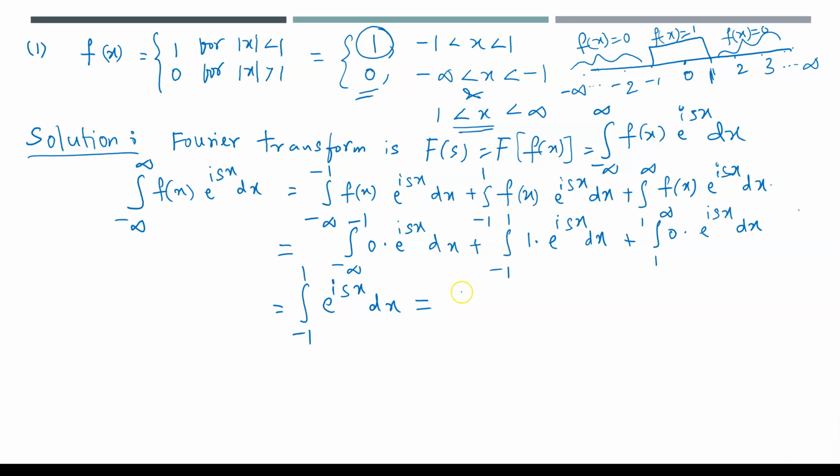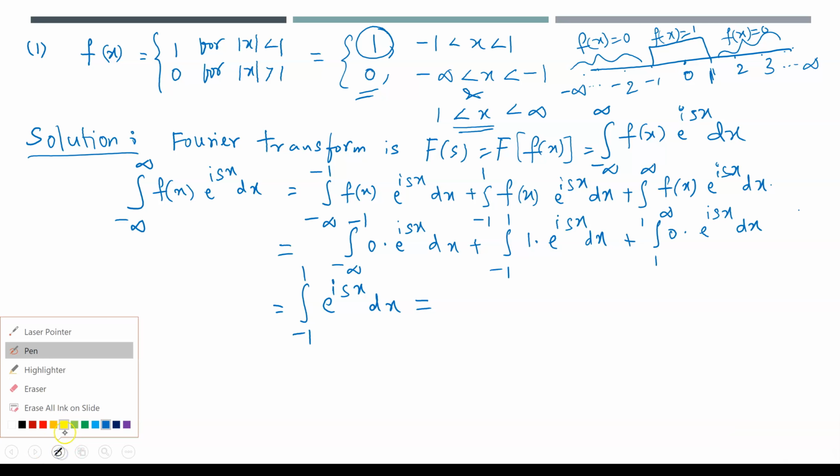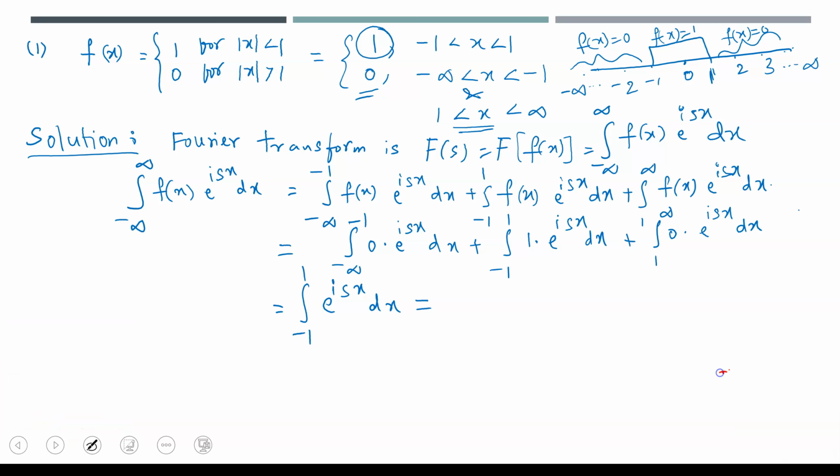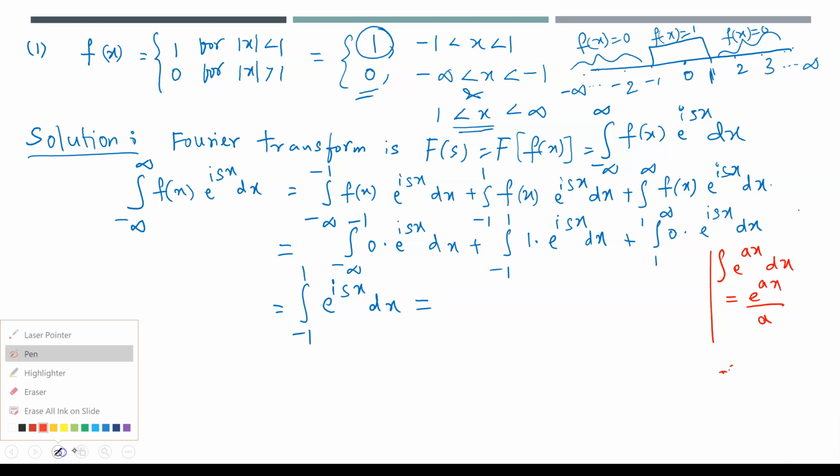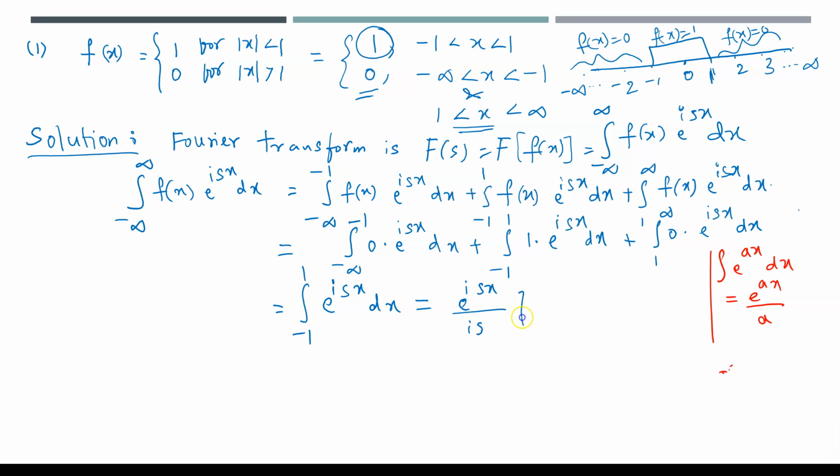Now if you integrate this using the formula, the integral of e^{ax} dx equals e^{ax} upon a, here we get e^{isx} upon is, under the limits minus 1 to 1.